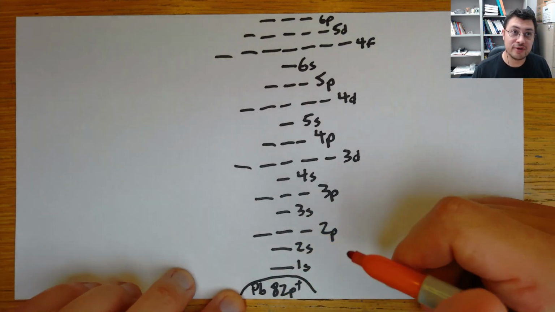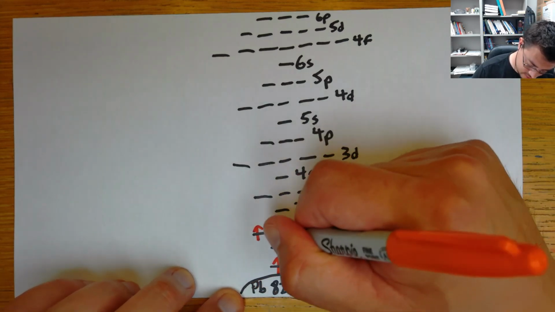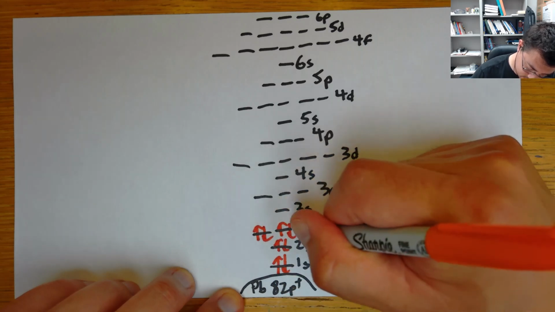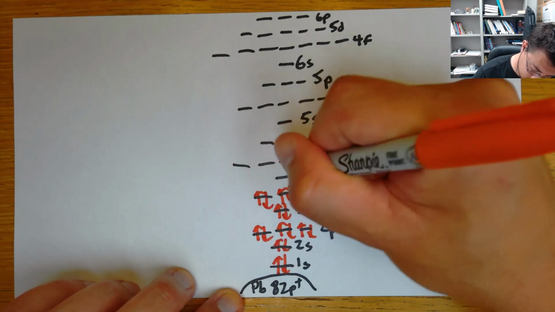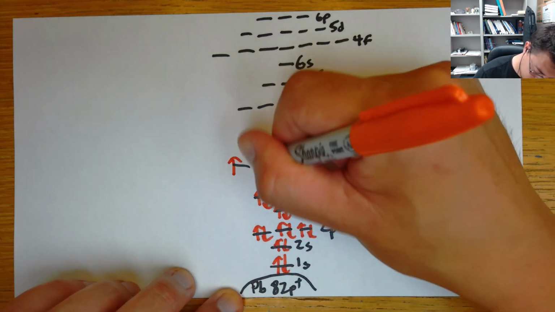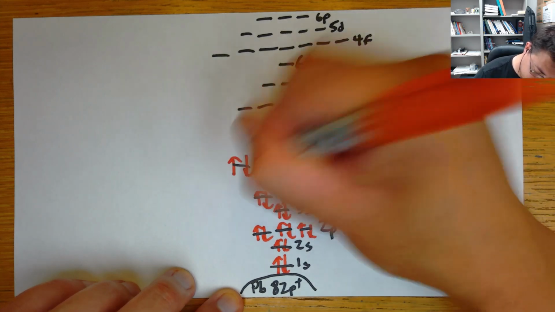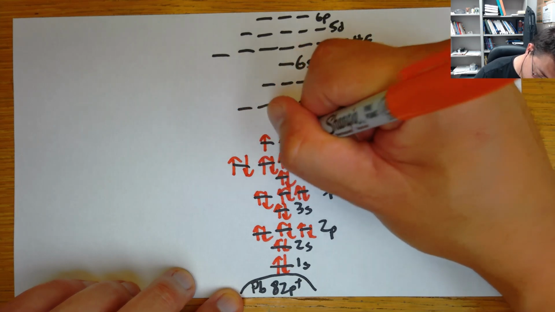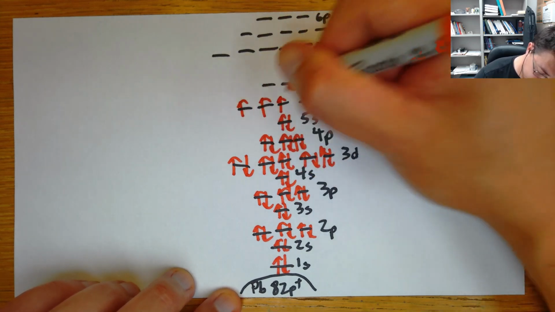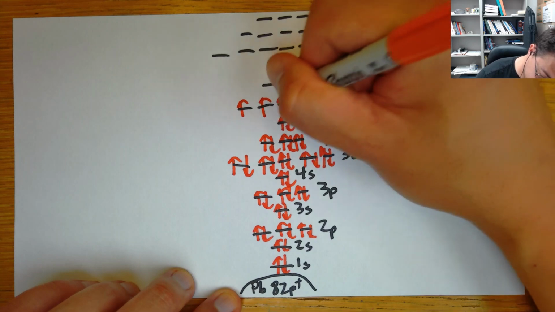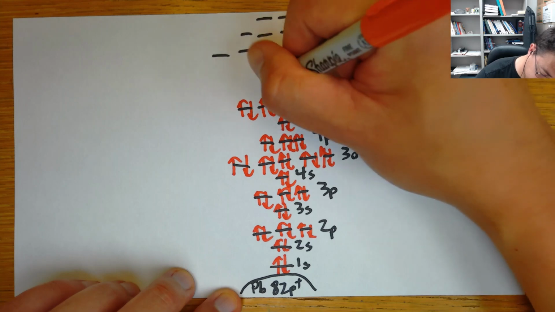All right, we gotta go 82 times. 12, 18, 20, 30, 36, 38, 48, 54.